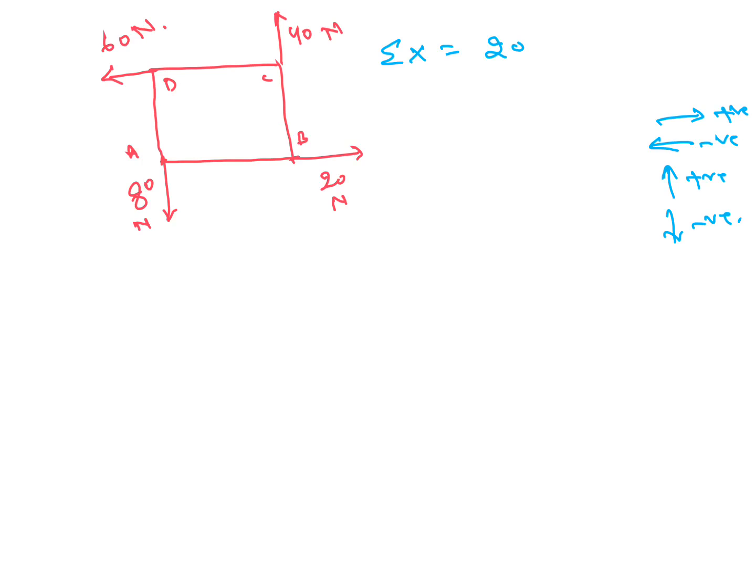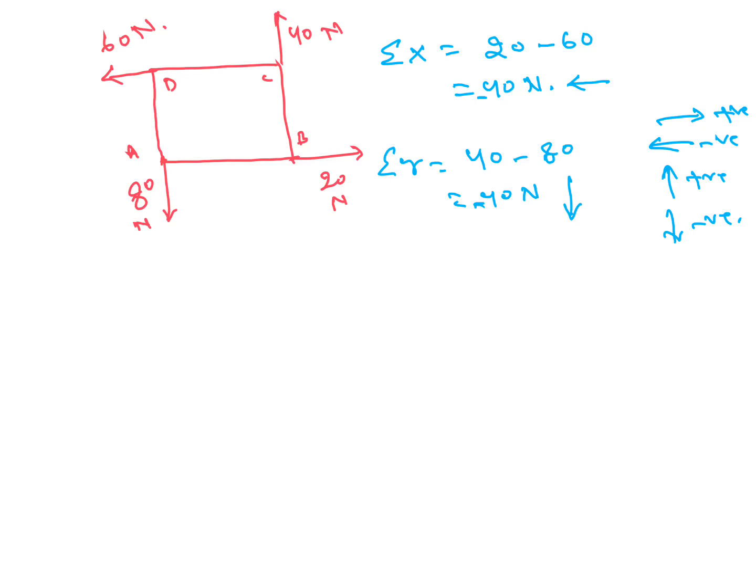So in x direction 20 minus 60, it's minus 40 Newton. Along y direction or vertical, 40 minus 80, minus 40 Newton. It's towards left, it's minus, so towards left. Here also it's minus, so downward direction.